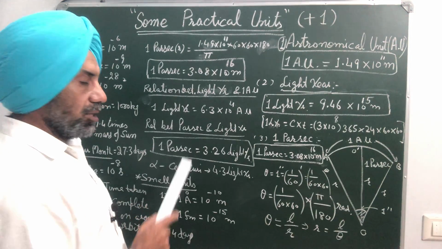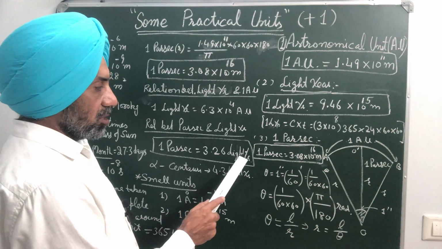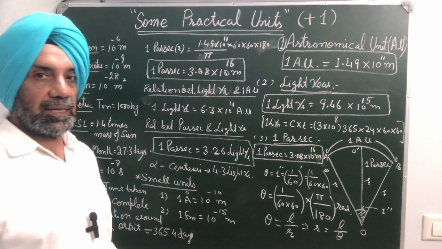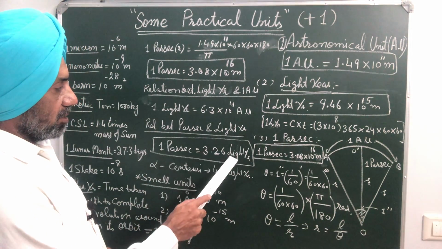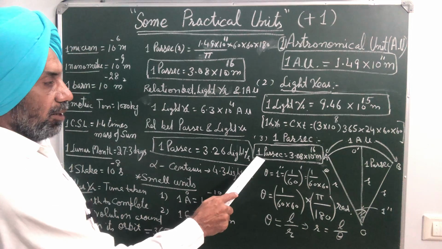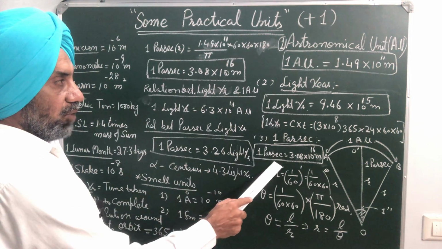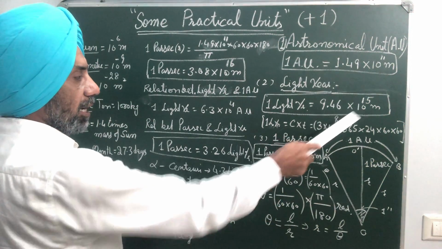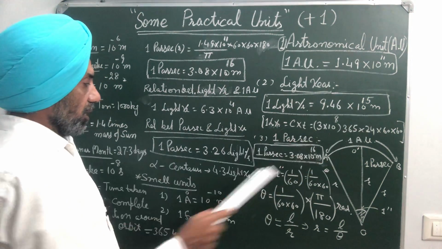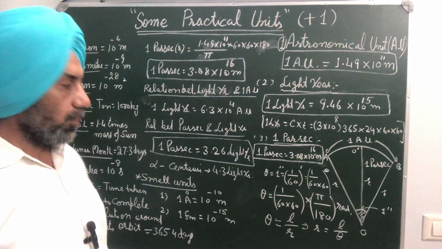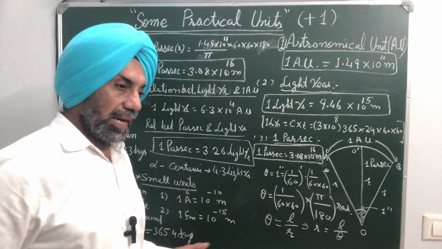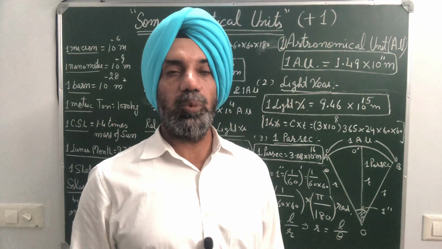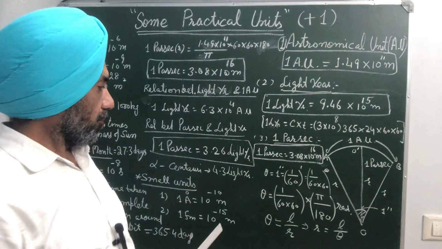Sorry, 1 parsec is equal to 3.26 light years. You can obtain this relation by dividing 1 parsec by 1 light year, that is 3.08 × 10^16 divided by 9.46 × 10^15. So you get 3.26 light years. You can remember how parsec and light year are related to each other. 1 parsec is equal to 3.26 light years.